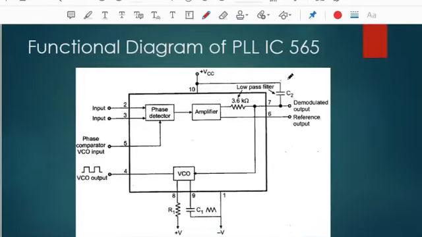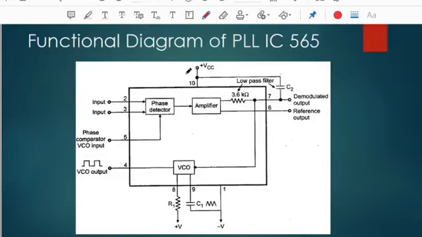Now, the functional diagram of PLL. We can see that the PLL consists of a phase detector, an amplifier, and a low pass filter. The externally connected capacitor along with the internal resistor forms a low pass filter, and then it has a VCO. We have seen its pins. The VCO generates an output signal depending upon the timing resistor and timing capacitor, as well as the voltage available at the input terminal of the VCO.